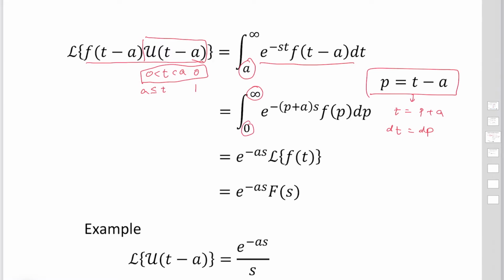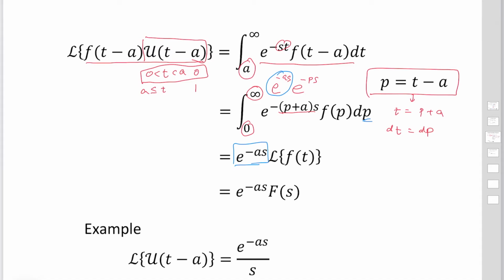And e^(-st) is expressed as e^(-(p plus a)s), with f as a function of p. Then this exponential function is split into the product of two functions, e^(-as) times e^(-ps). e^(-as) is independent of p, so we can move it out of the integral.